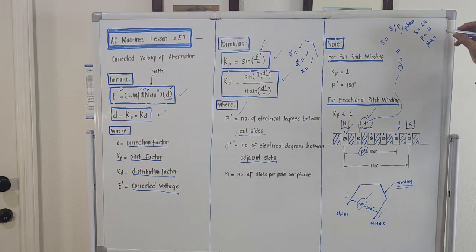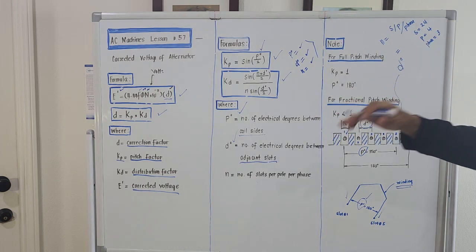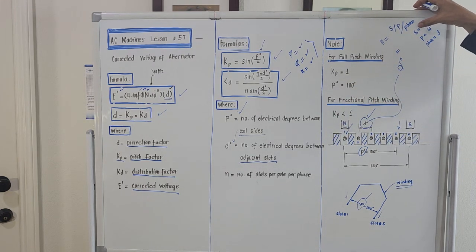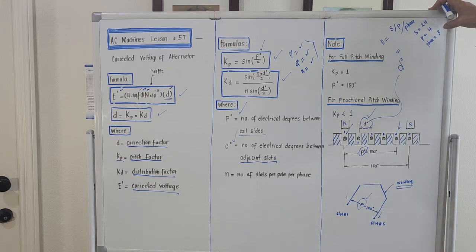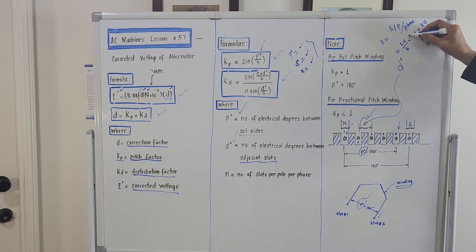So if the total number of slots is 24, the number of poles is 4, and the number of phases is 3, the value of N will be 24 divided by 4, then divided again by 3.